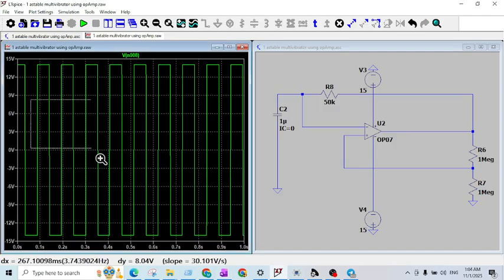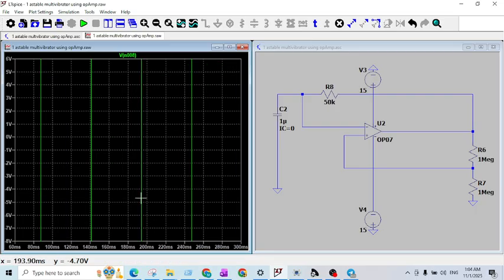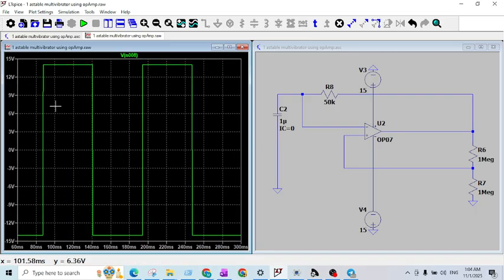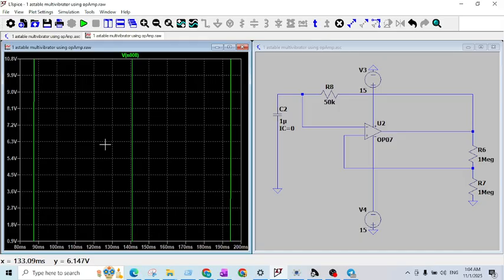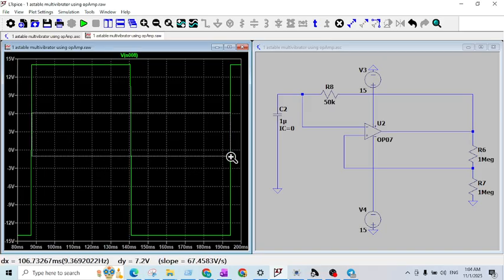So this is my circuit. Okay, so now let's take from this point to this point, and you see at the bottom this is 106.7 millisecond.